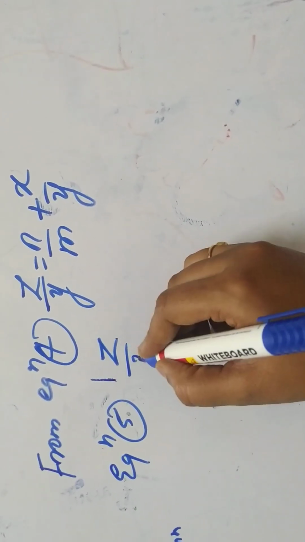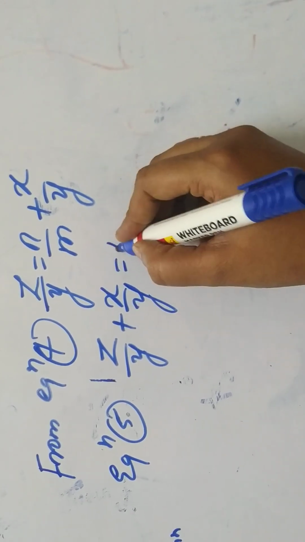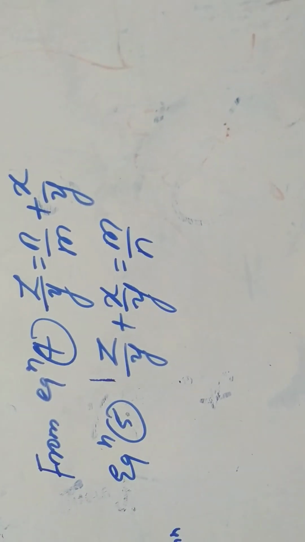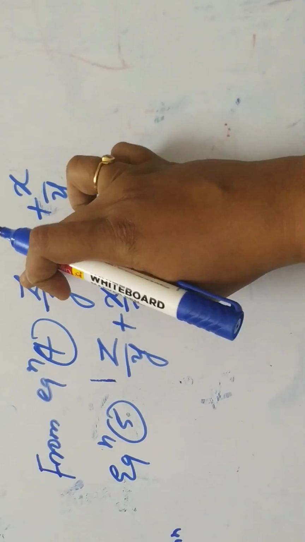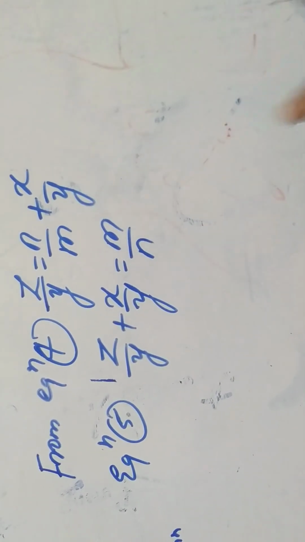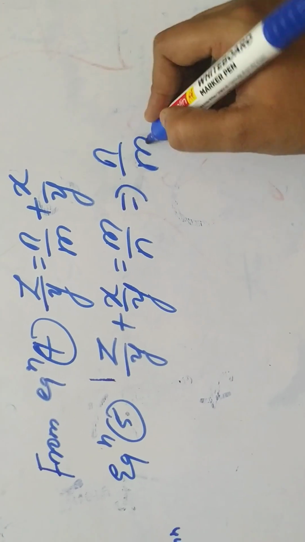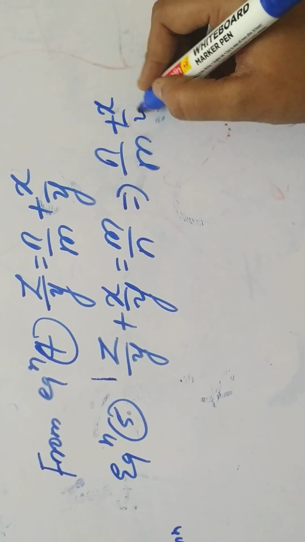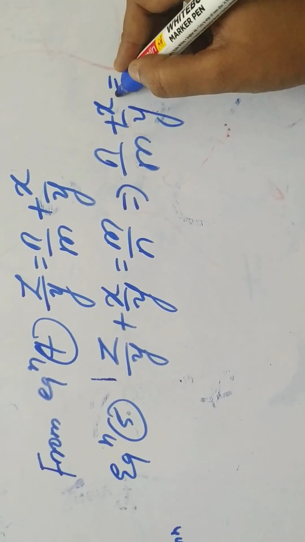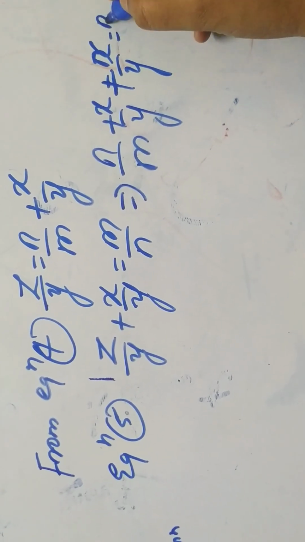Z by y plus x by y is equal to m by n. So in place of z by y, I will substitute n by m plus x by y. So what we get then? N by m plus x by y plus x by y is equal to m by n.